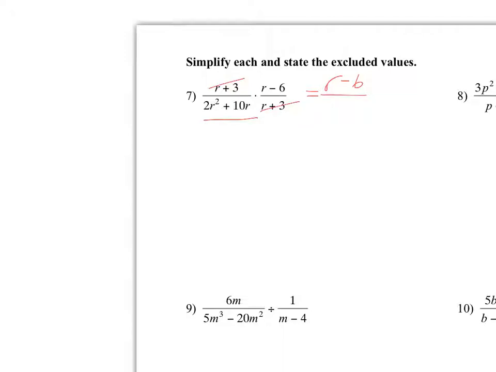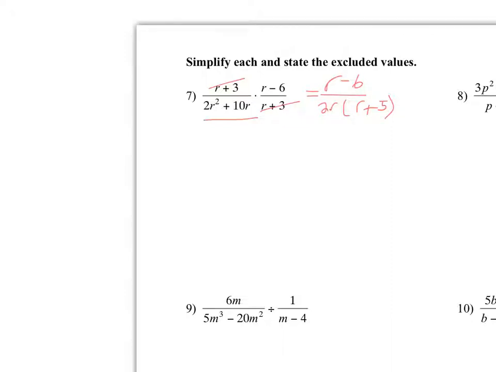So I can see that there's a 2r that can factor out, and then it's r plus 5, it looks like. Okay, even though I factored it, it wasn't very helpful, but it can help me know what the denominator cannot be.